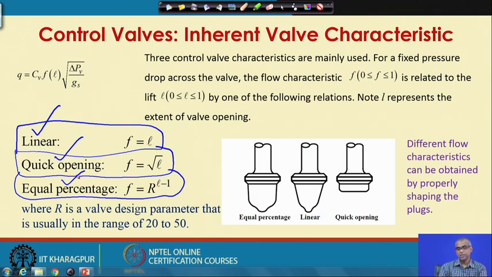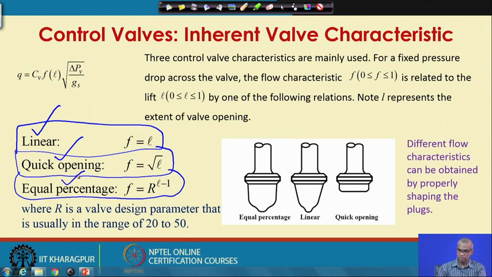This plug sits on the valve seat, and as the stem goes up there will be more opening, so there will be more flow. As the stem comes down, the plug sits on the valve seat and there will be reduced flow through the control valve.